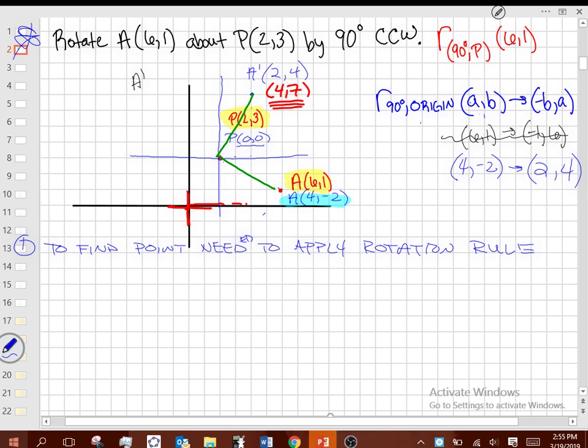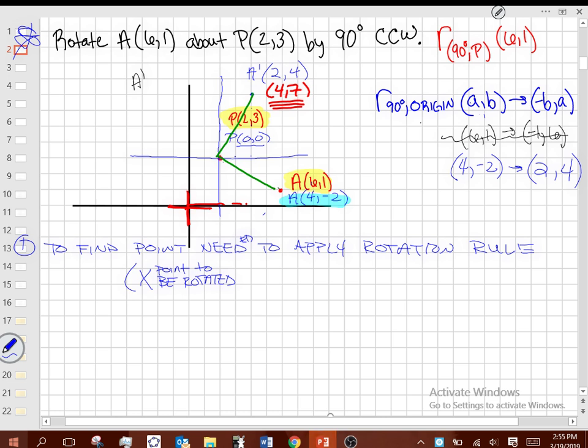So the (4, -2) was the point we had to find, so we can run it through the rule, right? Okay? So the way you do that, exactly what Kennison told us, is that we're going to take the x-coordinate from that, okay? So it's the x-coordinate of point A, but I'm going to call point A the point to be rotated. And that should match up to what we're being asked in the question, right?